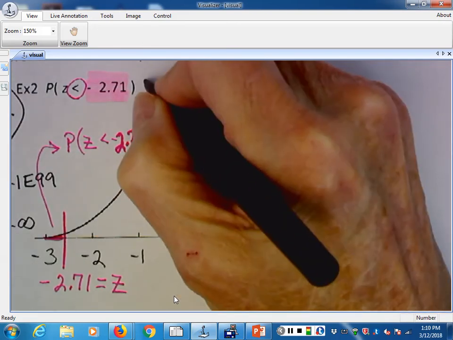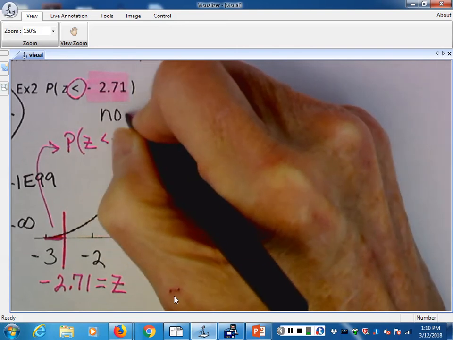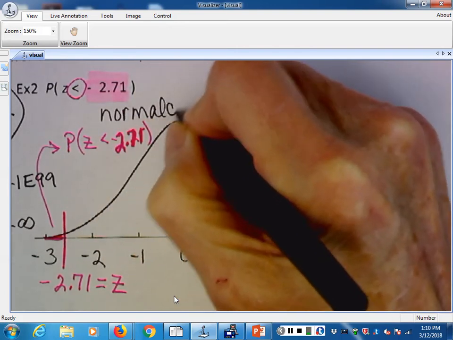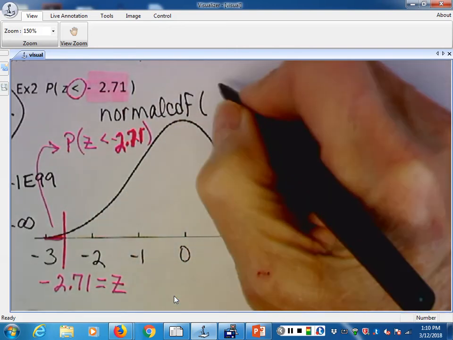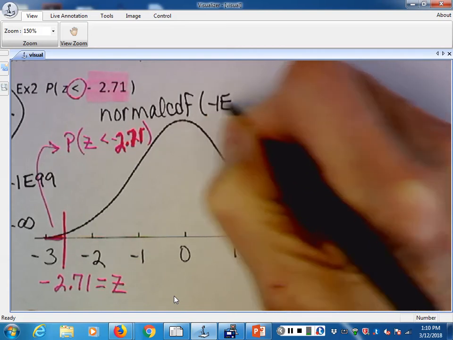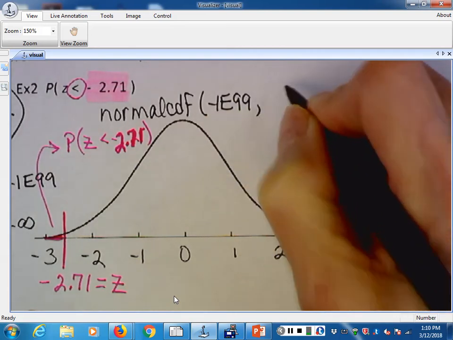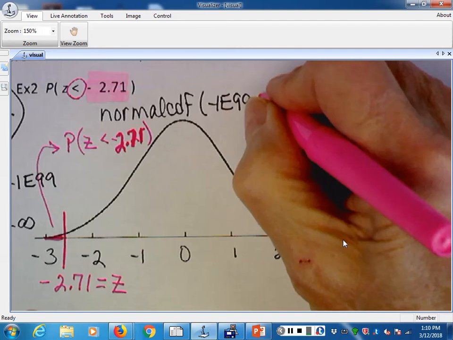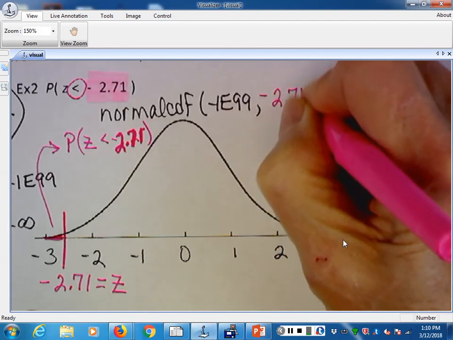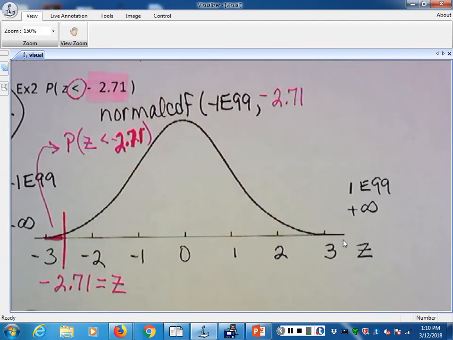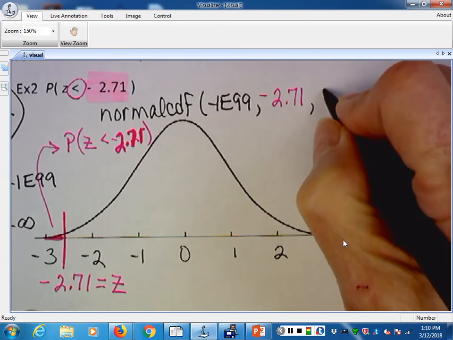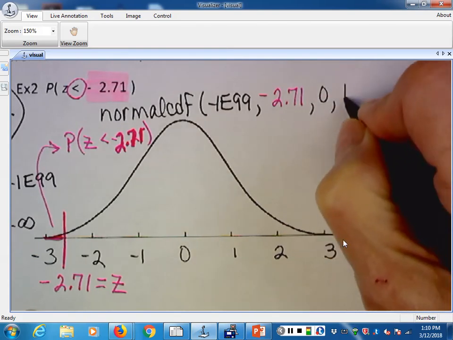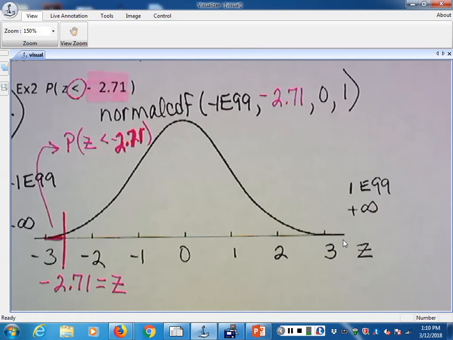So the way we're going to get this is normalcdf. The low number is -1E99. The upper number is -2.71. The mean of a standard normal curve is 0, and the standard deviation is 1. So that's what we're going to put in the calculator.